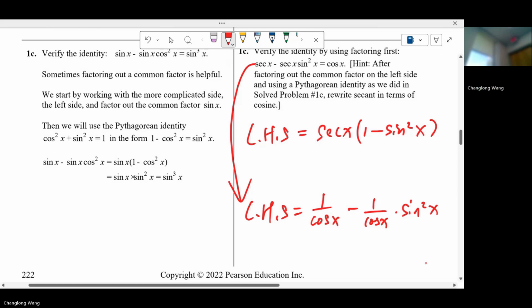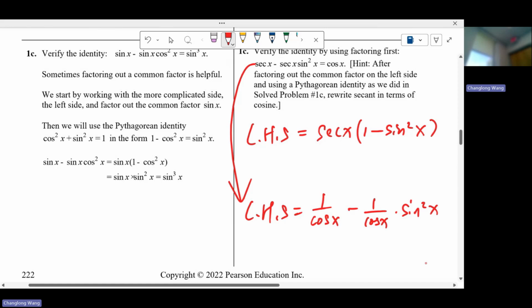Now, okay. The only concern I have is, when people see 1 over cosine or some factor on the denominator, it's not as often as you see things on the numerator. Now, if that's not a big deal for you to still factor out 1 over cosine, it's fine.